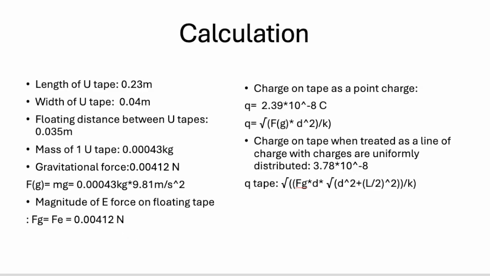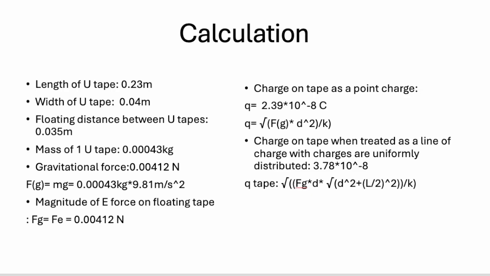To talk about the calculation of this lab, the length of the U-tape was 0.3 meters, the width of the U-tape was 0.04 meters, the floating distance between U-tapes was 0.035 meters, and the mass of one U-tape was 0.00043 kilograms.